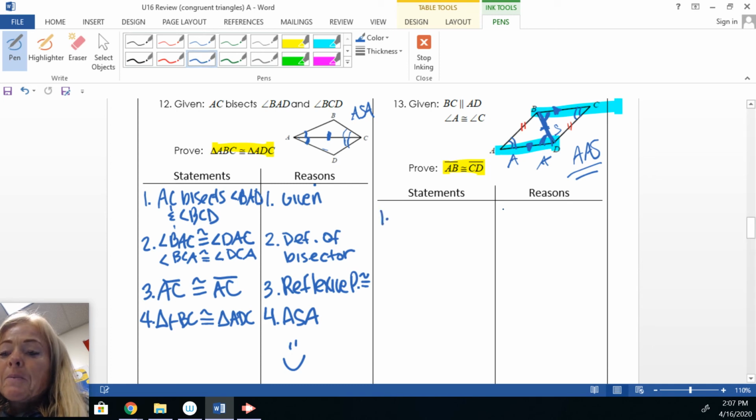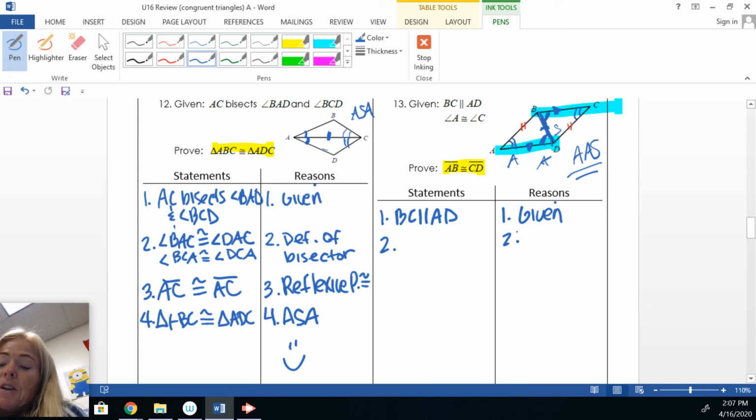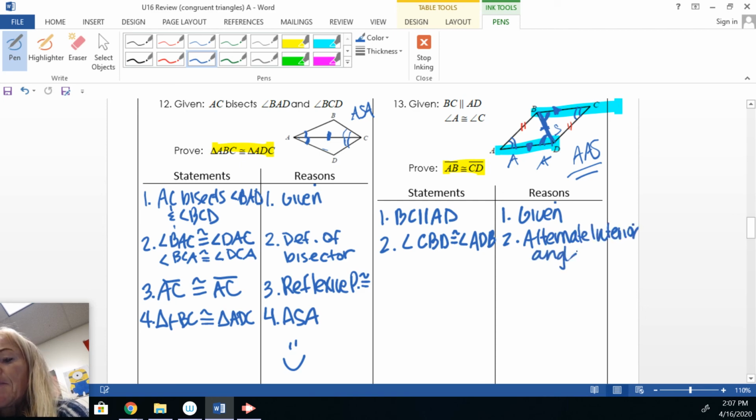So number one, we're going to state that BC is parallel to AD, and that's given. From that information, we got a couple of congruent angles. So the congruent angles we got were angle CBD is congruent to angle ADB. Right? And that is by the fact that they are alternate interior angles.